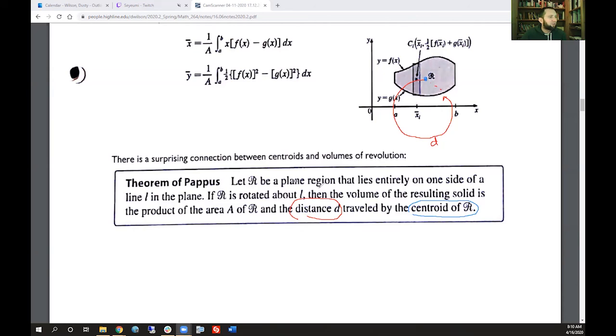So let R be a plane region that lies entirely on one side of a line L in the plane. If R is rotated about L, then the volume of the resulting solid is the product of the area of R, and then we're multiplying by, in this case, it's kind of cool, that distance d, which would be 2 pi times whatever that radius is, whatever that distance is from our x-axis.